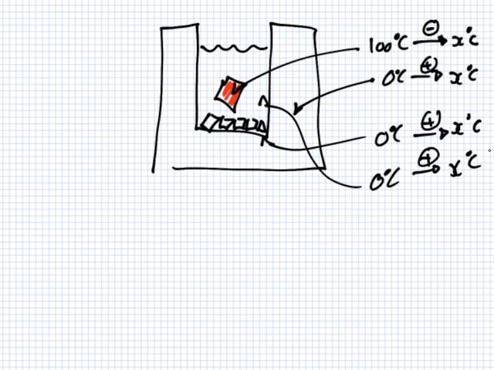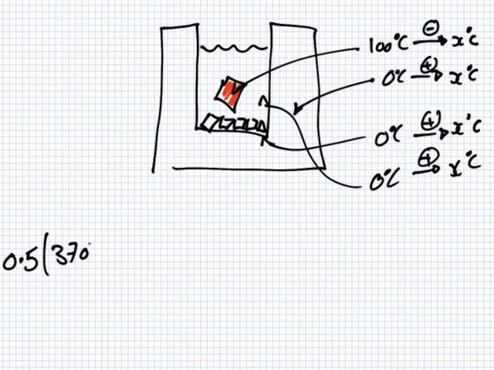Right, you can be my assistant. So the energy lost by the brass will be mcΔT. What's the mass of the brass, please? 0.5. And the specific heat capacity? 370.